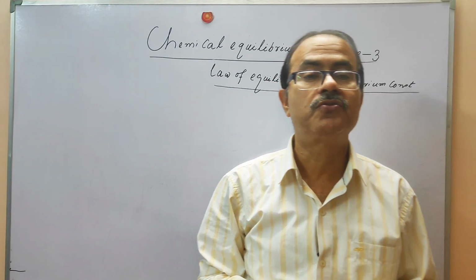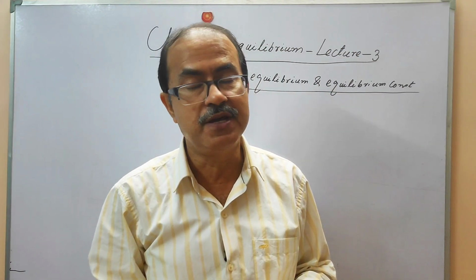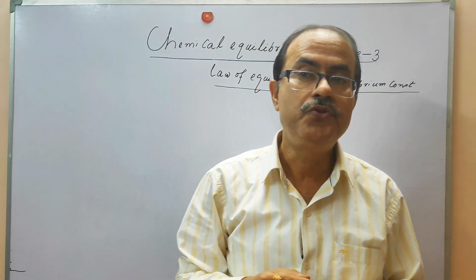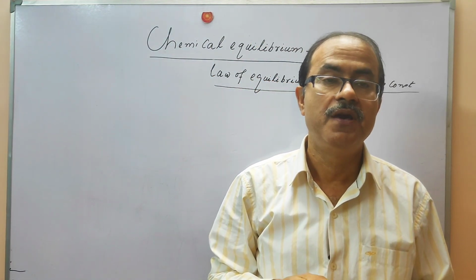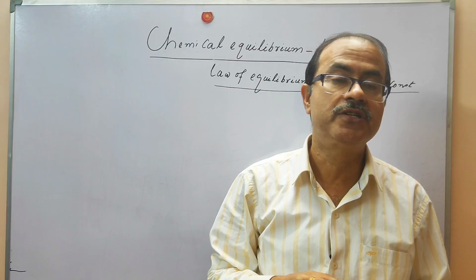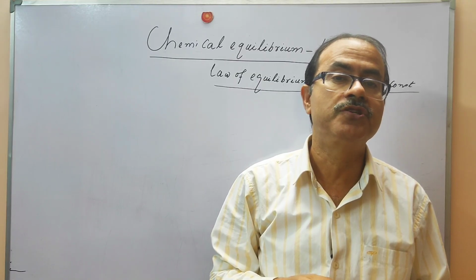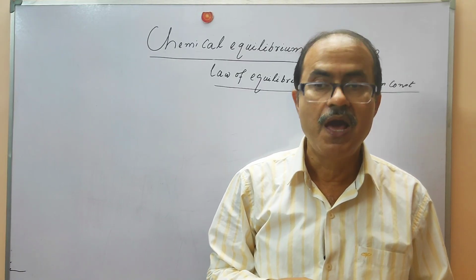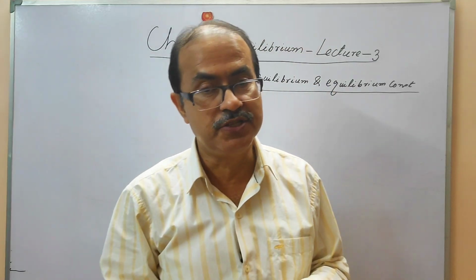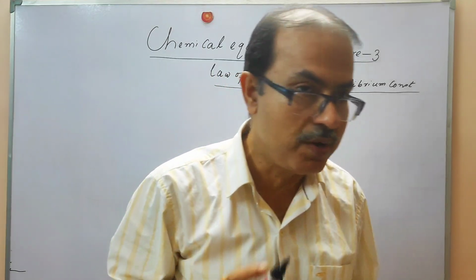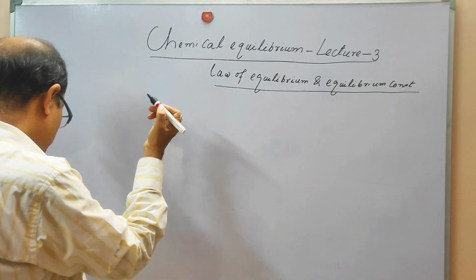To know the composition of the equilibrium mixture, we need to know the relationship between the concentration of the reactant and the concentration of the product. And to know this relationship, we take one very general equation.